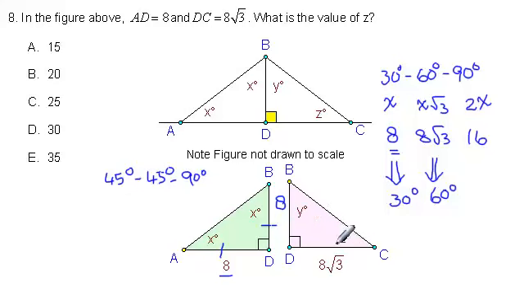So the answer for this question, the measure of angle Z, is going to be 30 degrees, which is choice D. I hope you understand the solution and the question.